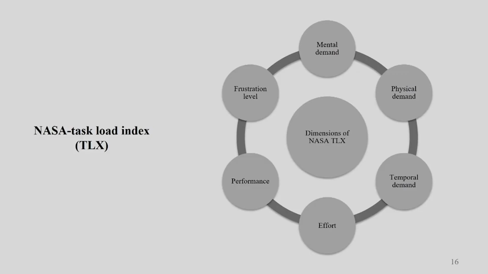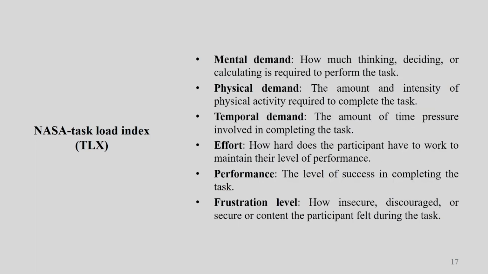So understanding the mental demand and physical demand in a single space is very crucial, and because NASA TLX is multi-dimensional, it actually gives you a better understanding of the sources you have for the mental workload. Then temporal demand, effort, performance and frustration level. These are the major 6 dimensions that are normally talked about in the NASA TLX.